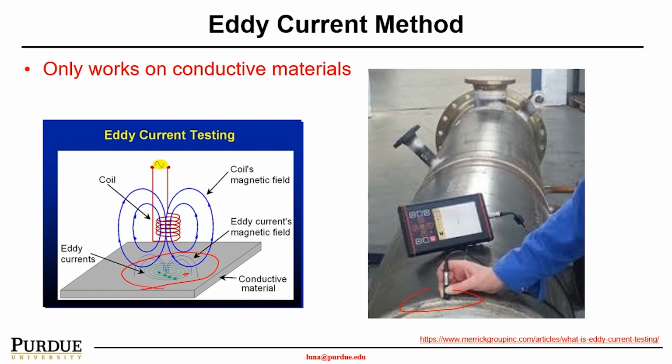So your real part, which is your R, and your imaginary part, which is your XL, or some people say it's the reactive inductance, will be changed. Your probe impedance will be changed. By looking at this change, we can understand if there is a crack.